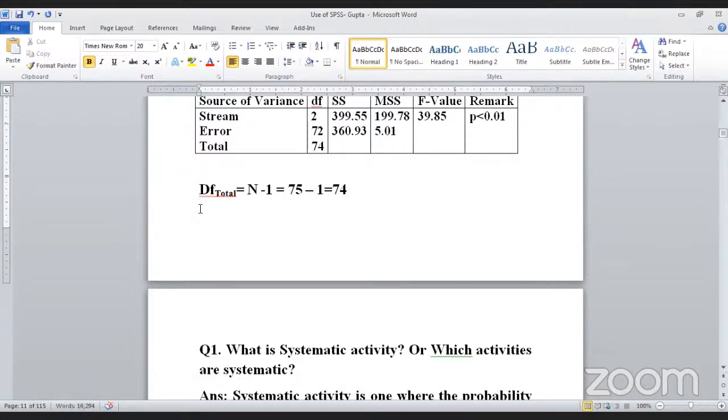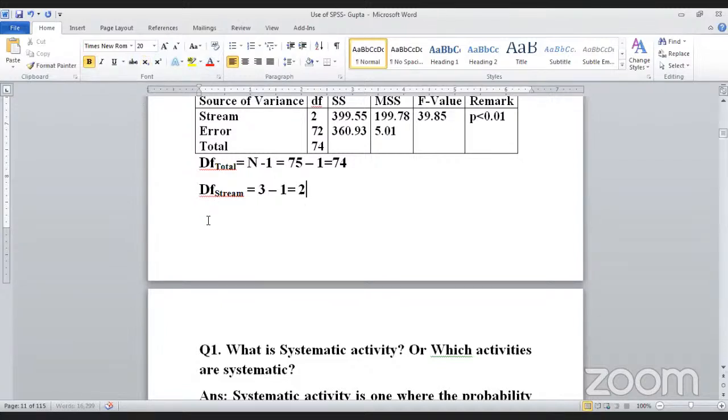And the degree of freedom for stream is equal to the number of the stream. So there are 3 groups. 3 minus 1 is equal to 2.